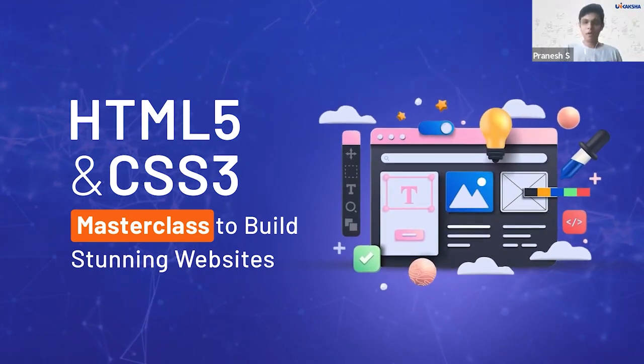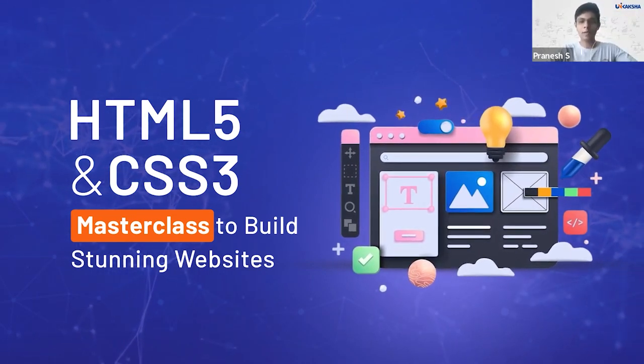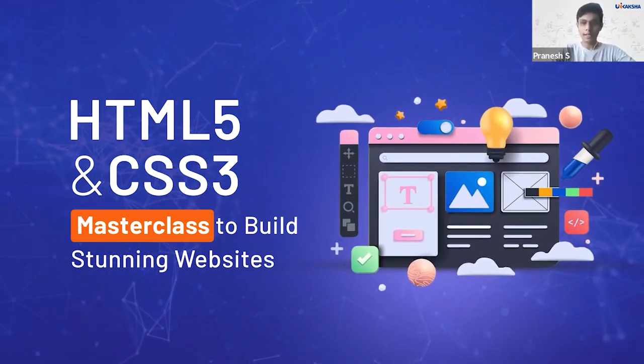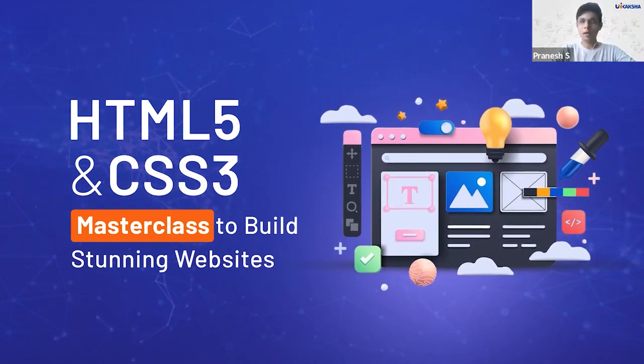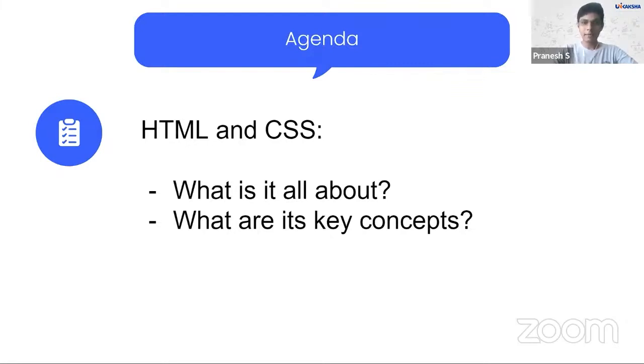Before that, let us start a small presentation over here. What is today's agenda of our session? HTML5 and CSS3 are nothing different than the versions over here. So before getting to know about that, we need to know what is HTML and what is CSS. What this programming language is all about, what are its key concepts.